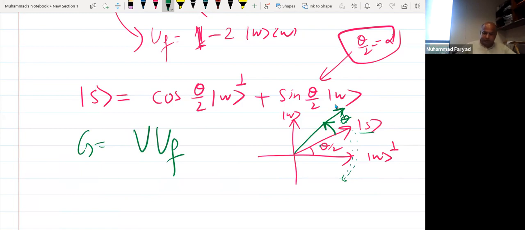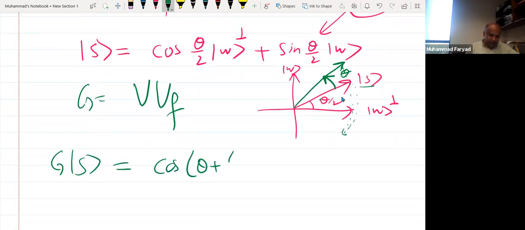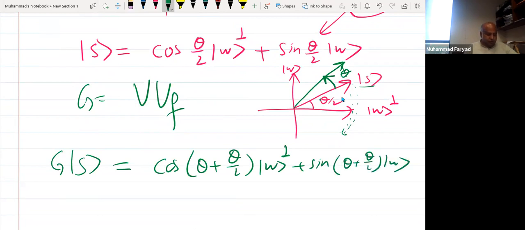So it means that I can describe the action of this Grover operator as this: the angle increases by theta. So this G is essentially a rotation operator because it rotates the state S from here to here by an angle theta.